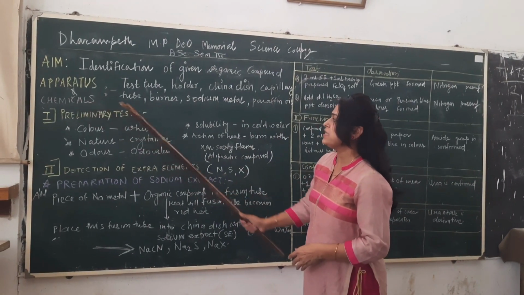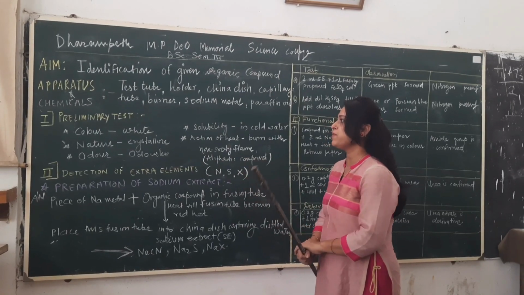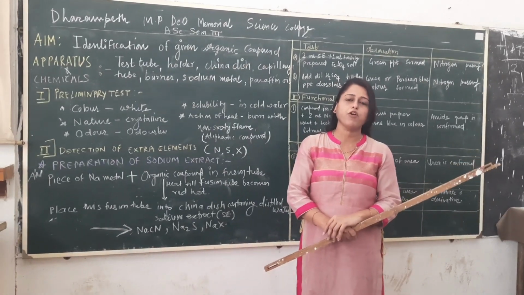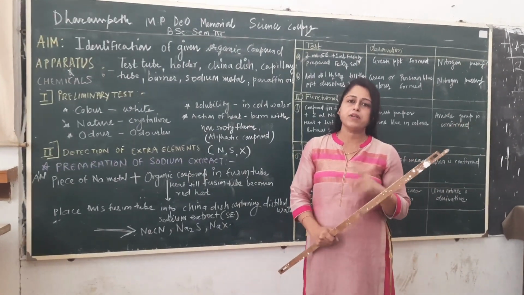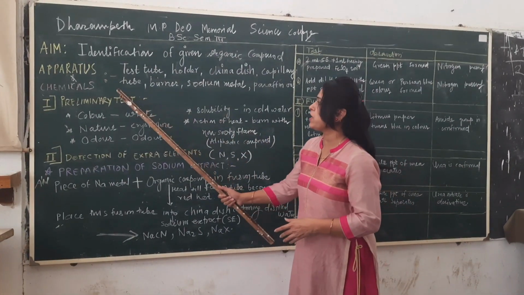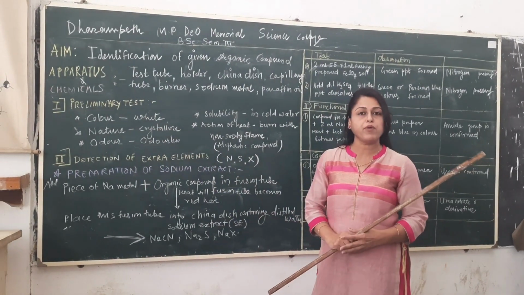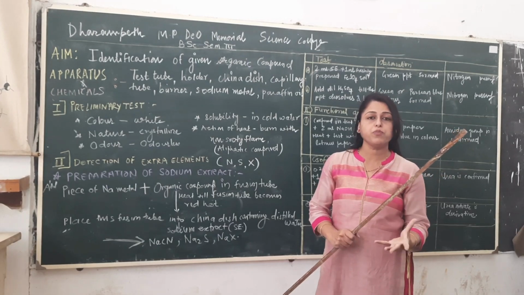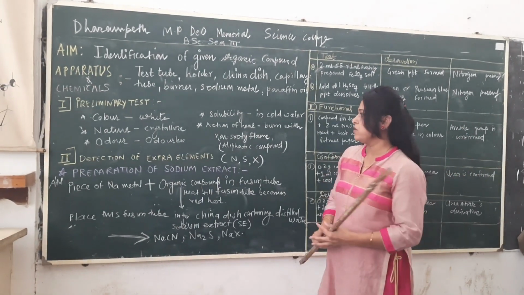Then the chemicals required in this experiment, the list of chemicals is quite big because we have to perform many tests, but the important thing is we have been given an unknown organic compound, which we don't know which compound it is. We have to detect that compound.